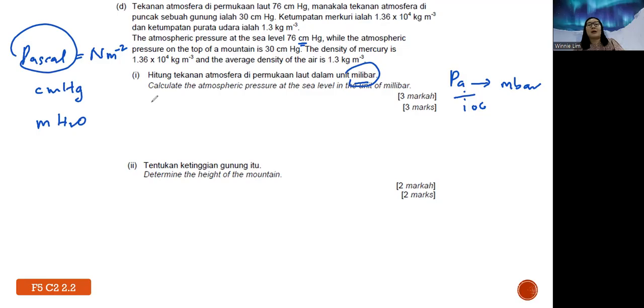So how do you change cm mercury to Pascal? You use the liquid pressure formula, H rho G, where H is the length in meters. Hence I will have 0.76. The mercury is the liquid that you use, 1.36 times 10 power of 4. G is the standard 9.81.